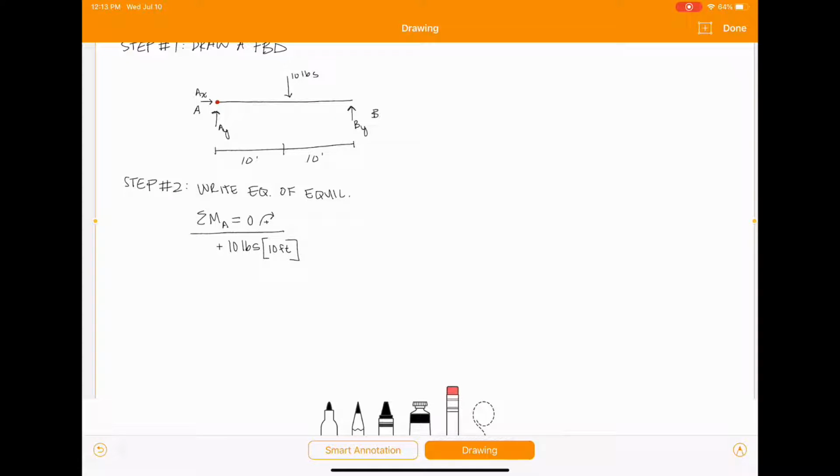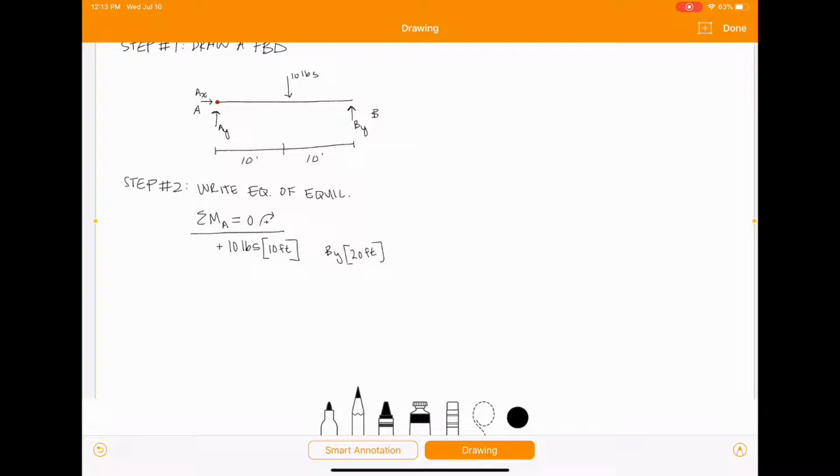All right, so now we're done with that force, and we can move on to our next one. So we move down the beam and we run into BY. And we're going to multiply it by its perpendicular distance, its moment arm, which is 20 feet.